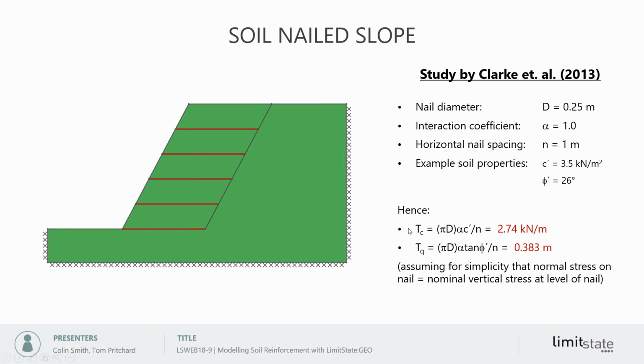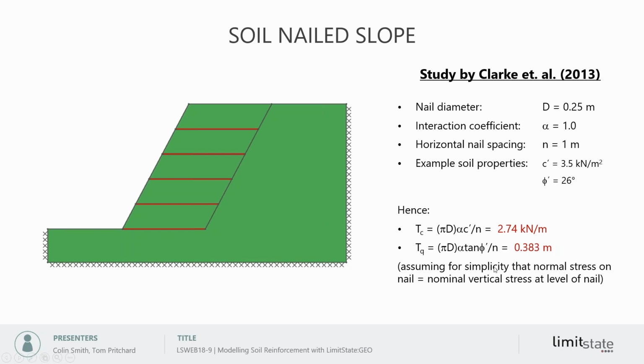So it's going to have a cohesive element to it, which is this term with a c dashed in of 2.74 kilonewtons per meter, and also an element that relates to the surrounding normal stress on the nail. So this Tq value is that expression we saw earlier, and that needs to get multiplied by the assumed normal stress on the nail at any point to give you the pull-out force. So the software will calculate the sum of this and this value.